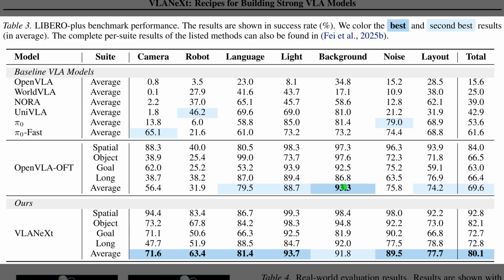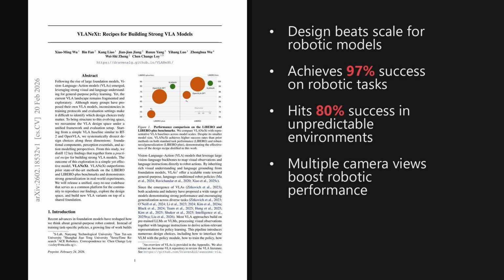Moving down, the previous state-of-the-art OpenVLA-OFT improves this to nearly 70%. However, VLANeXt at the bottom takes the lead with an 80.1% total success rate, showing massive gains in the camera and robot categories specifically.